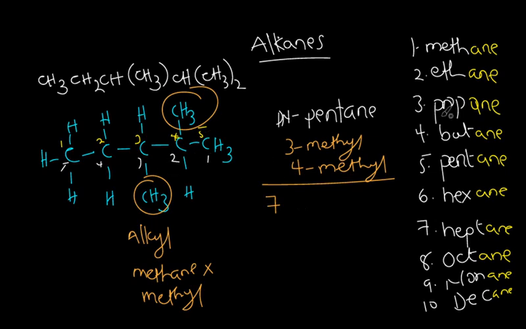Now if we are counting in the reverse way, which is this side, then our first methyl will be on carbon 2, so we have 2 methyl. Then our second methyl will be on carbon 3, so we have 3 methyl. Now if we add the numbers, we have 5.